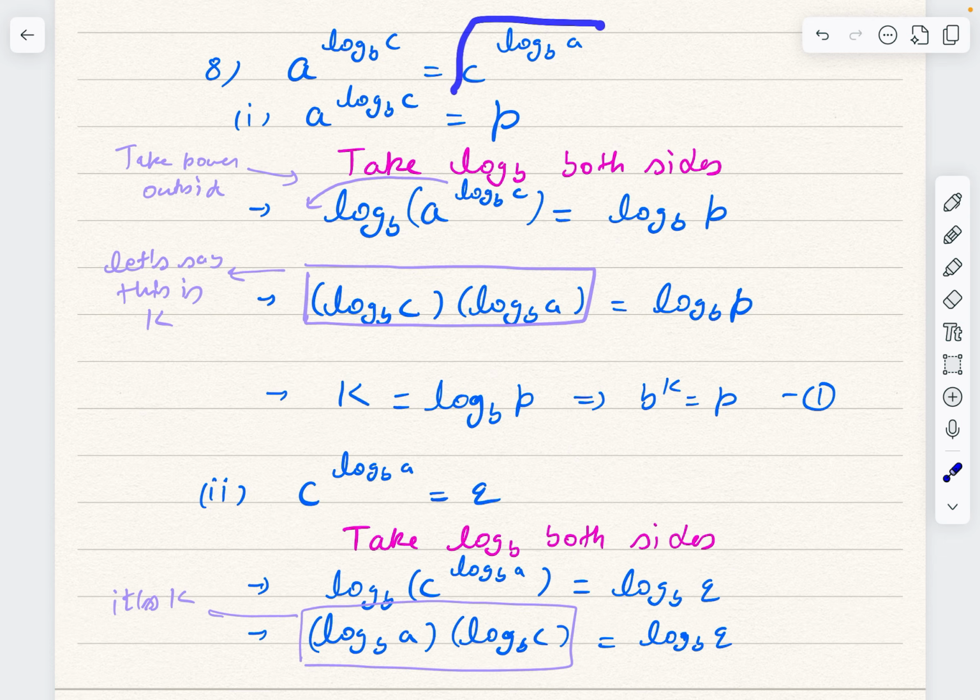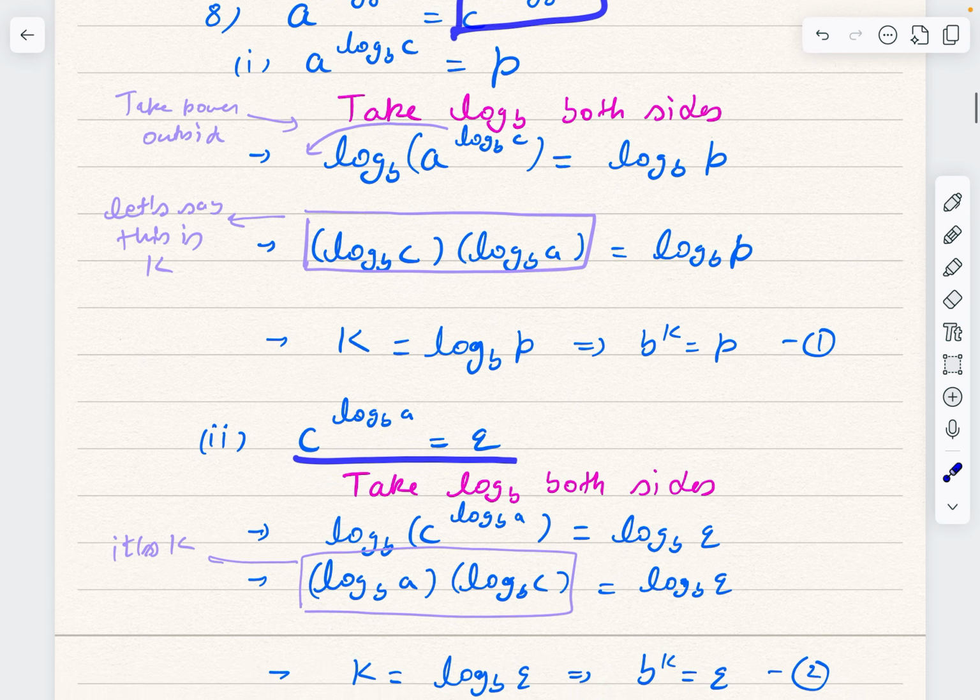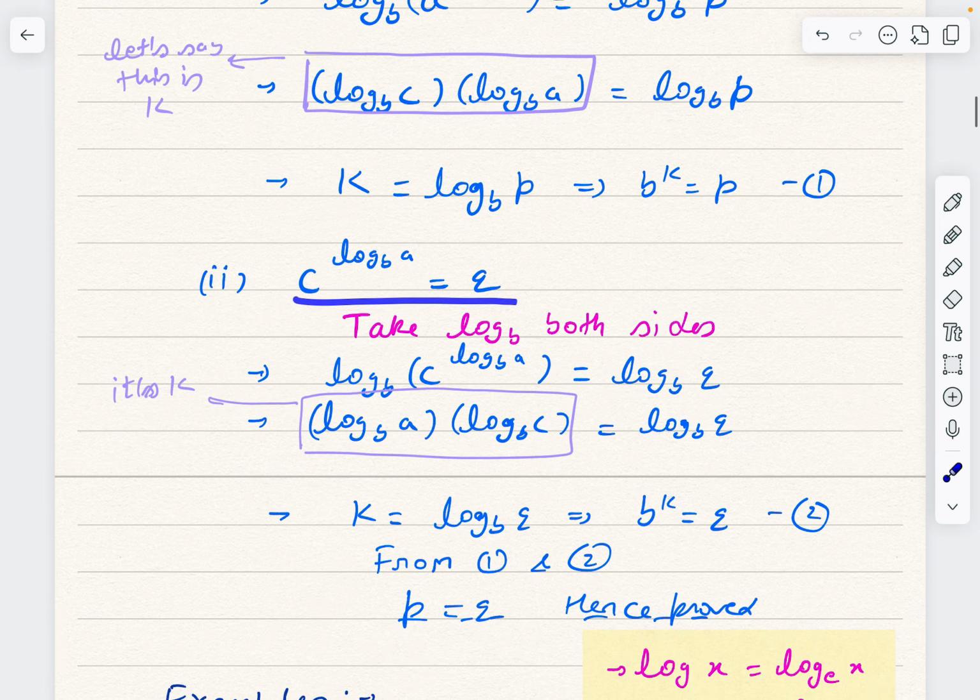On the right side, C to the power log base B of A, we take as Q, and then we take log base B both sides again. So log base B of this whole thing is equal to log base B of Q. Again, this power will come outside. You get log base B of A times log base B of C is equal to log base B of Q.